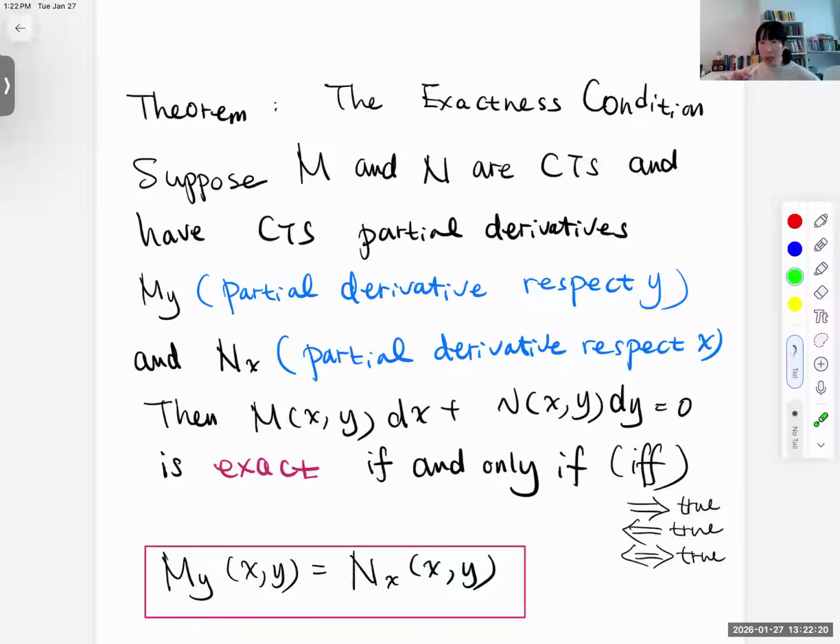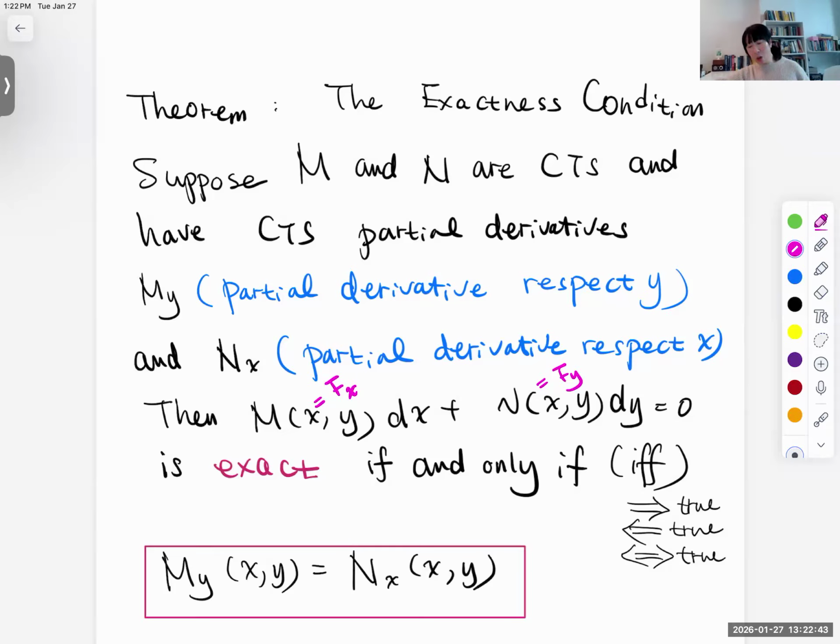Then we had the equation earlier: when we use the function notation f of x, y, that will be the partial derivative with respect to x, and this one is the partial derivative with respect to y.